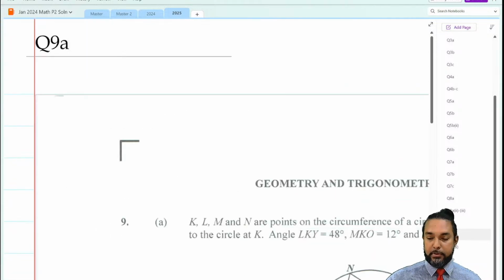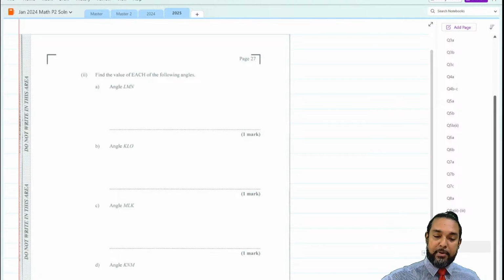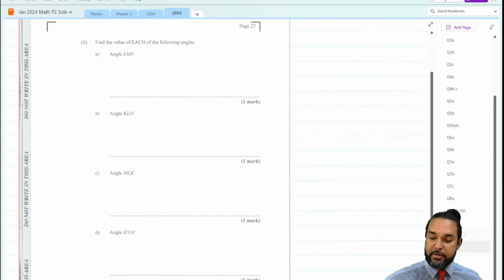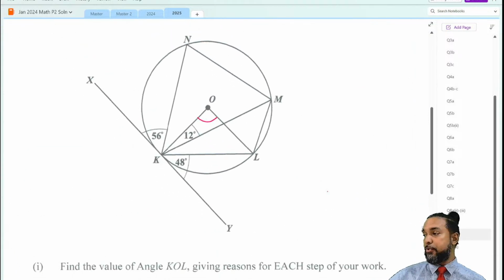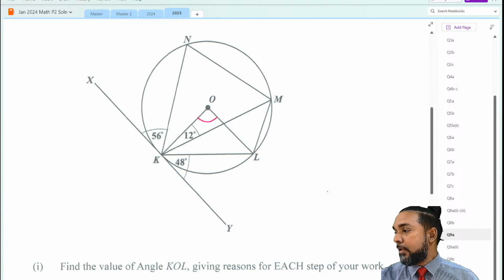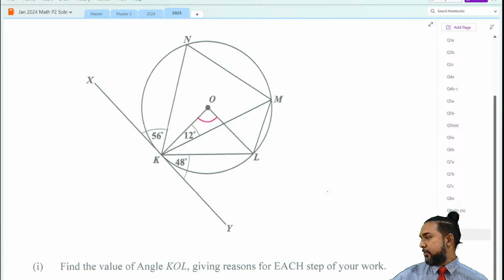For these ones, just find the value, and it's 1 mark each. Those will be a little easier because there's less to write, but we'll still identify the rules as we go along. We'll talk through them. Good to see you, Vivek. I'll give you a minute, see what you can come up with, and then we will talk through. If anybody has any questions or suggestions, let me know. You're not under exam conditions.